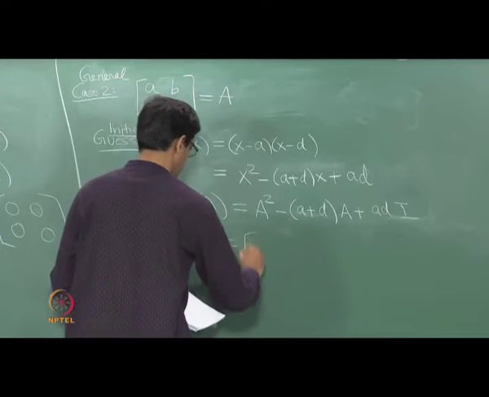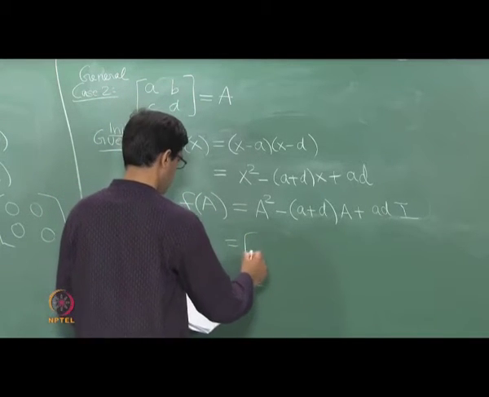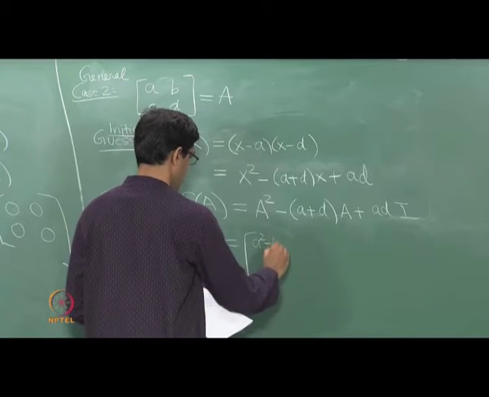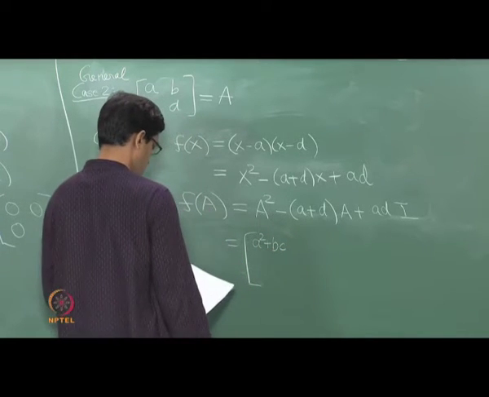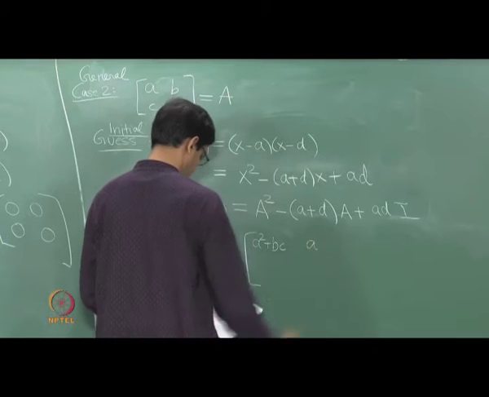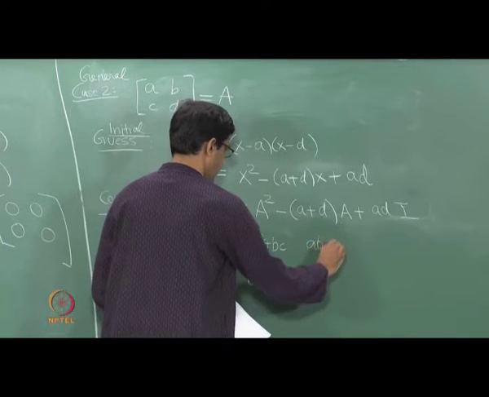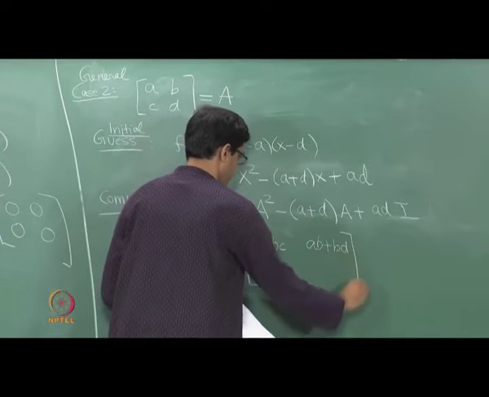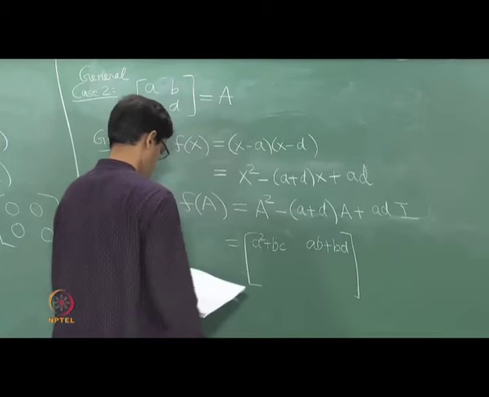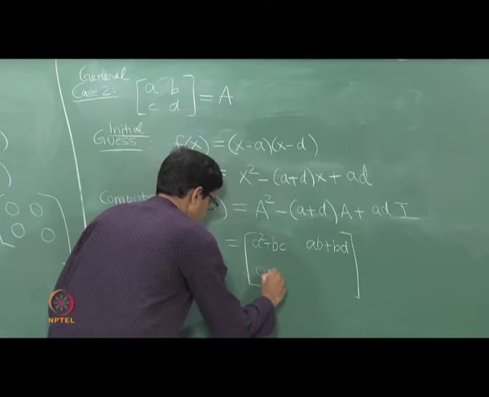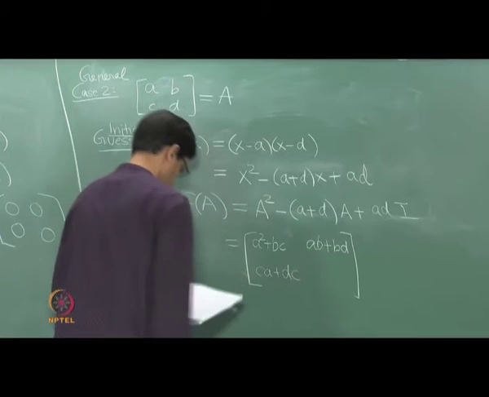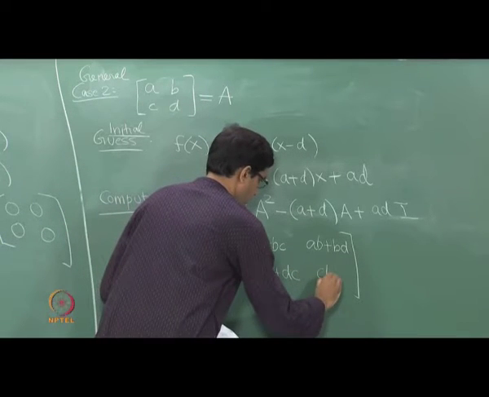So, let me just write out maybe some of the terms. This looks like a squared plus bc. So, you should certainly check that this calculation is okay. ab plus bd, ca plus dc, and cb plus d squared.